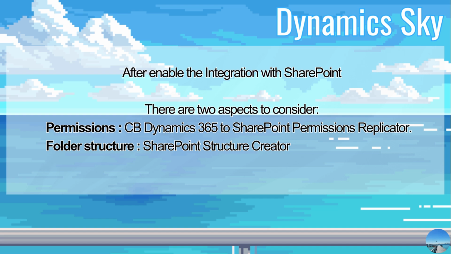This can pose a security risk. We can consider using a third-party tool called the CB Dynamics 365 to SharePoint Permissions Replicator. This app automatically replicates the Dynamics 365 permissions to SharePoint, ensuring that access is always aligned with your organization's security policies.